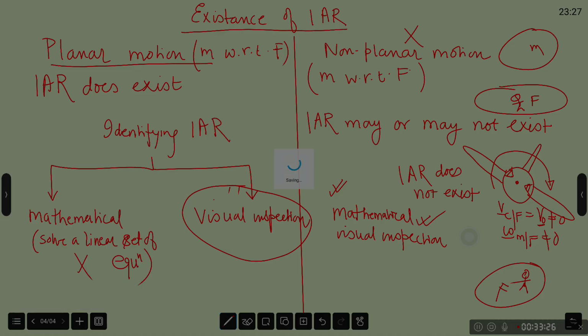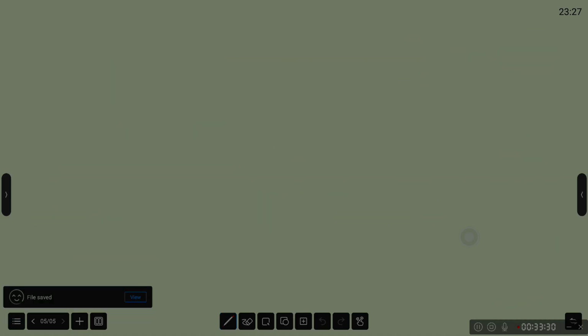However, before I show those cases of visual inspection, I have one more quantity to be defined, and that quantity is similar sounding: instantaneous center of rotation.